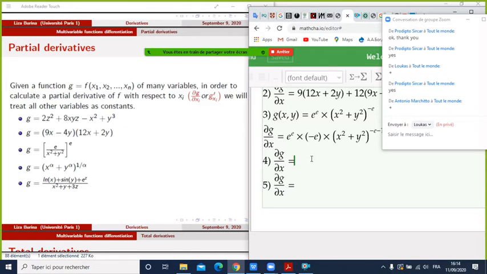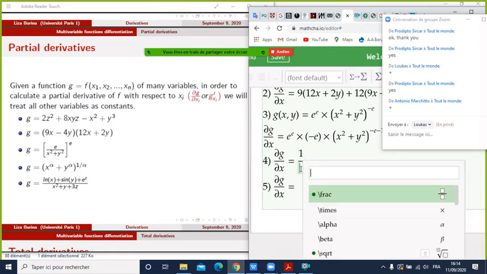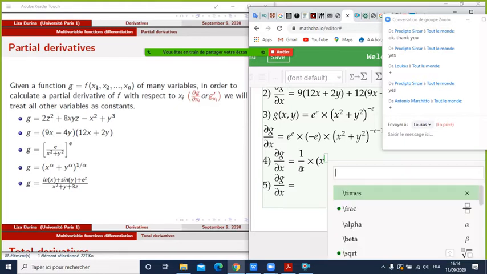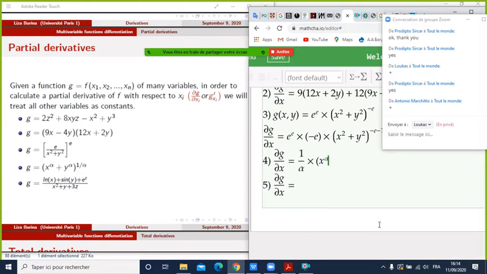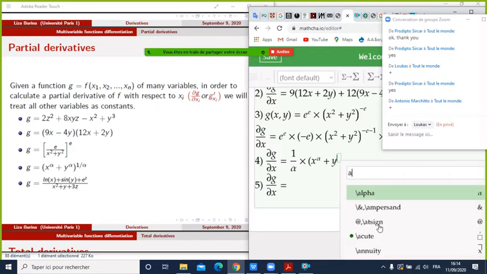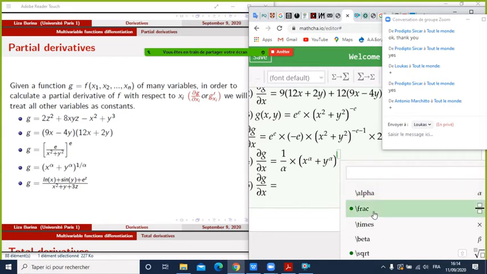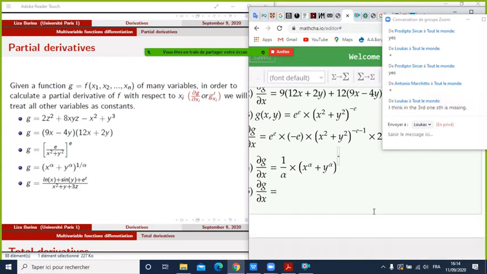The derivative of this function with respect to x will be, first of all, a fraction of 1 over alpha, then times this whole thing, x to the power of alpha plus y to the power of alpha, and then all that to the power of a fraction, so we have to do 1 over alpha minus 1.